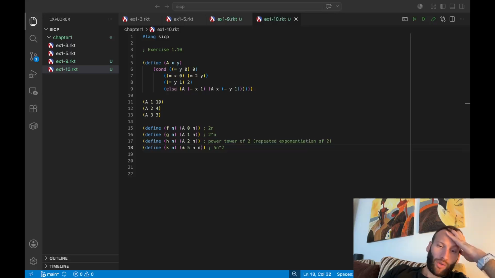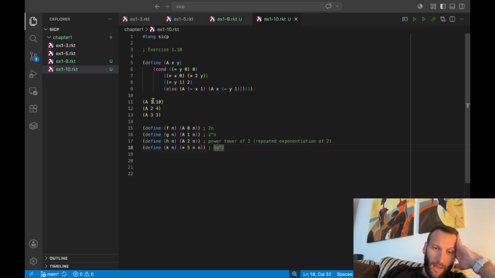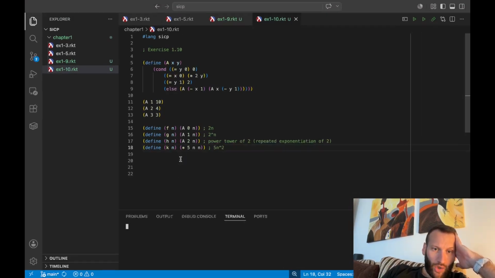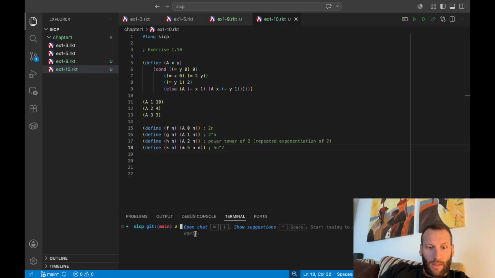to find the values of the following expressions that are the ones that you can read here. So A 1 10, A 2 4, and A 3 3. And here I can show my terminal.